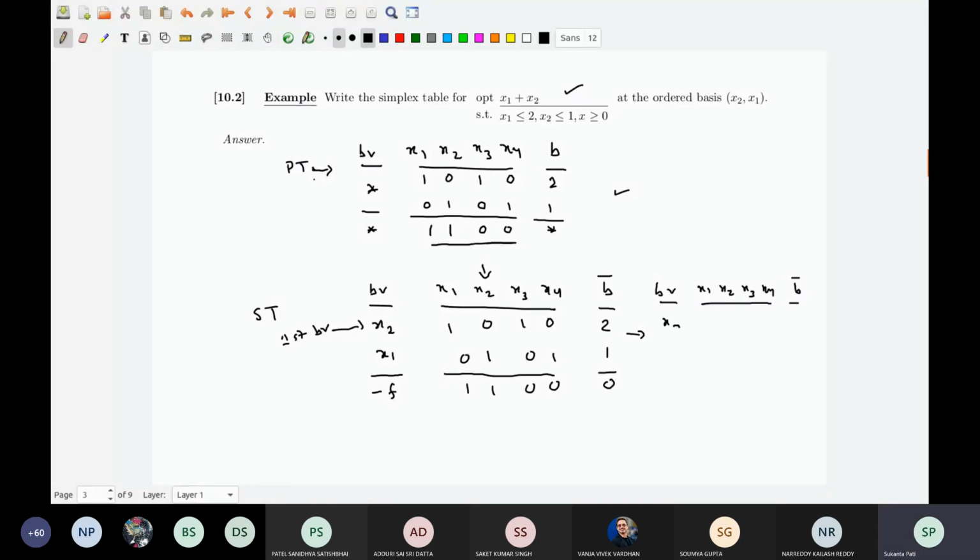When you interchange the rows, do not interchange the basic variable elements. You only interchange the rows of A. So interchange 0 1 0 1. Interchange the elements of B also, 1 1 0 1 0 2.